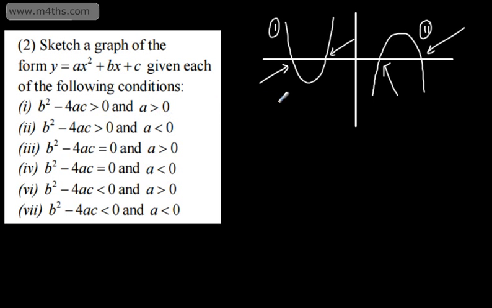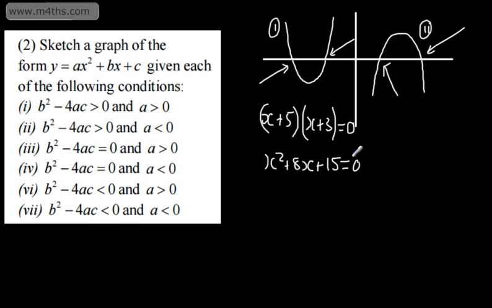So for example, this one, let's just write this. This might be x plus 5 multiplied by x plus 3, all squared. So what would that give? x squared plus 8x plus 15 is equal to 0 for these particular roots. Yet this one is going to be a negative, so to start off, this would be the graph, for example, of y equals negative x squared. And then again, we would have some function of x. So that's what we'd end up with.